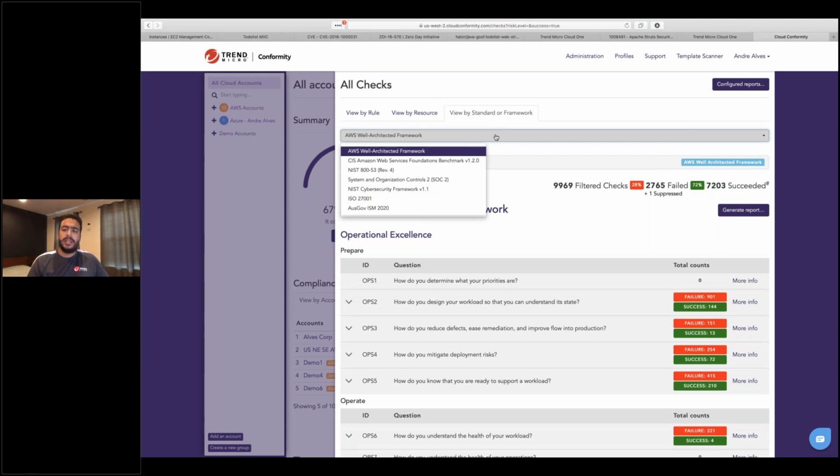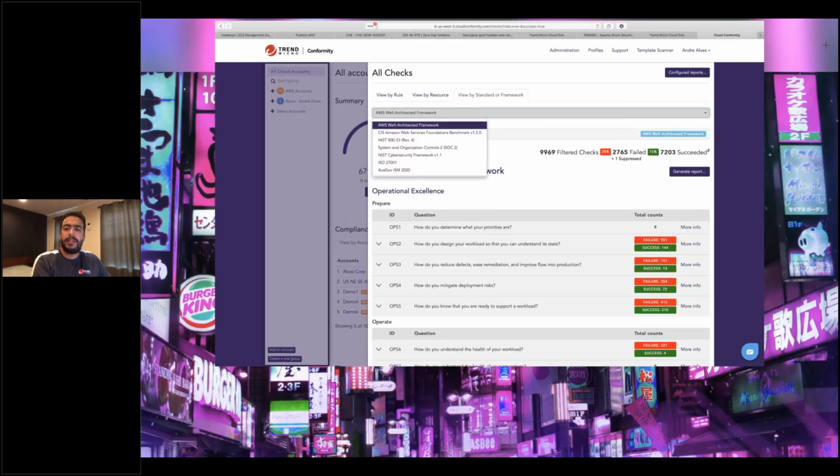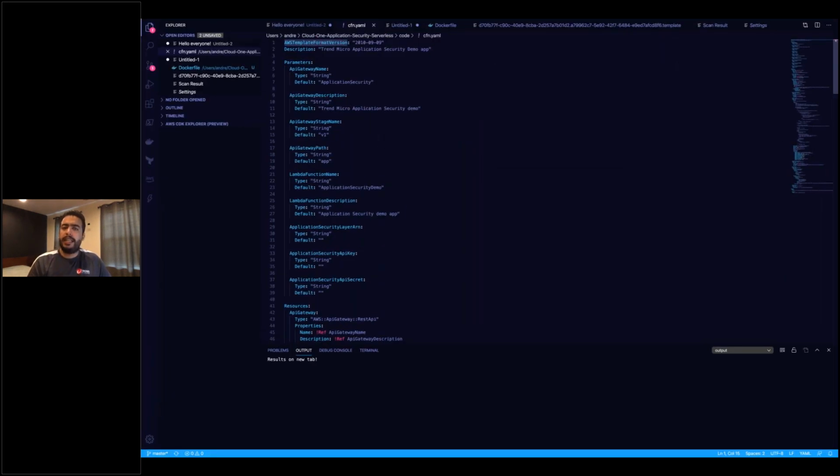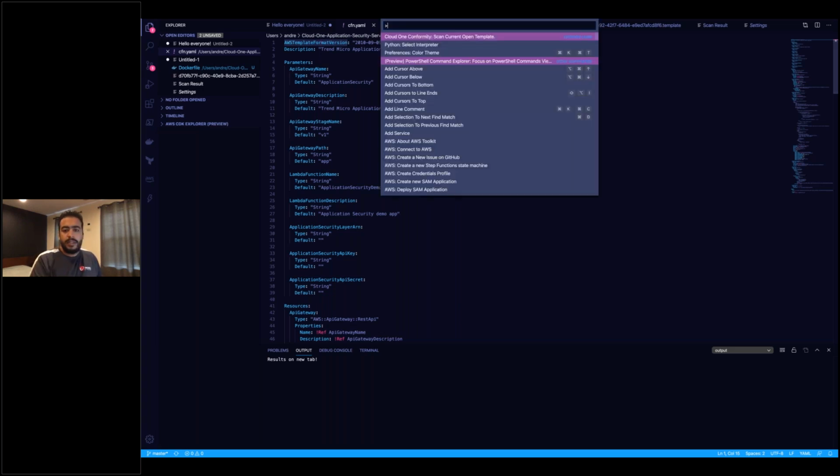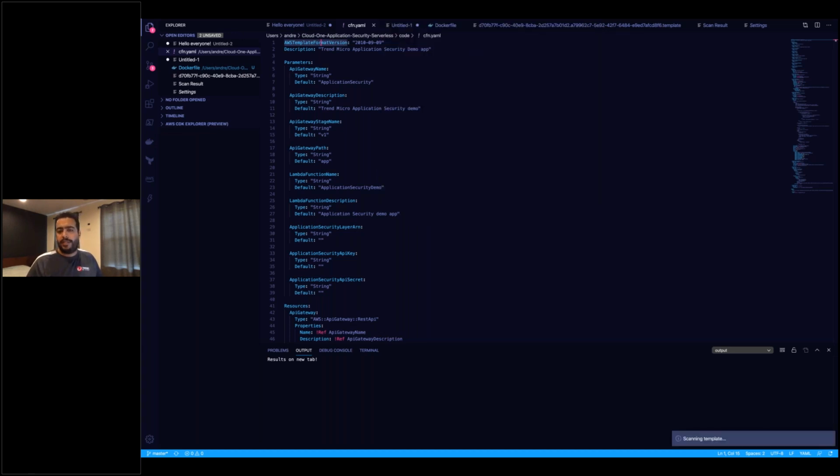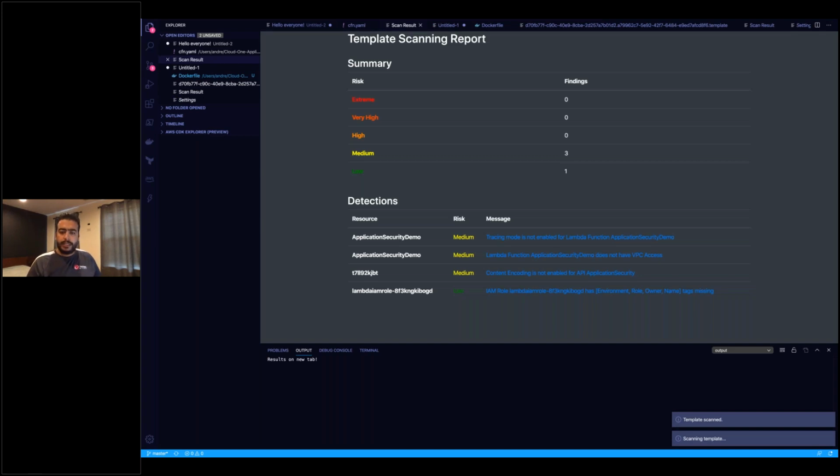This is very good. But at Trend Micro, we're trying to get as close as possible to the inception, the creation of the infrastructure, the creation of the application. So we're also providing an IDE plugin, in this case for Visual Studio Code, where I can scan the templates that would rise up the infrastructure that powers my application, and I can assess my configurations right there from the IDE and generate findings reports right there on the IDE.